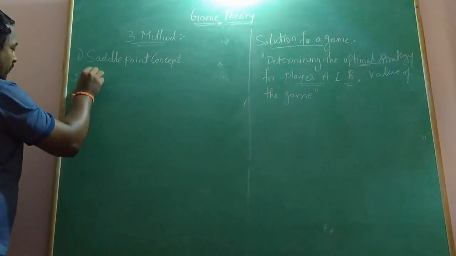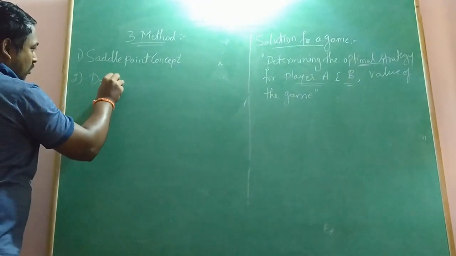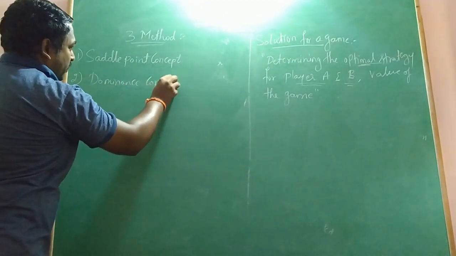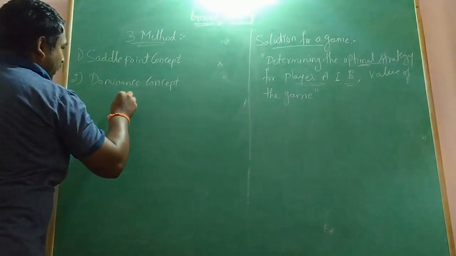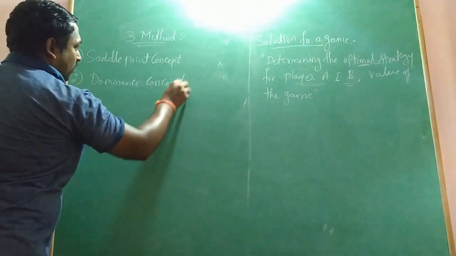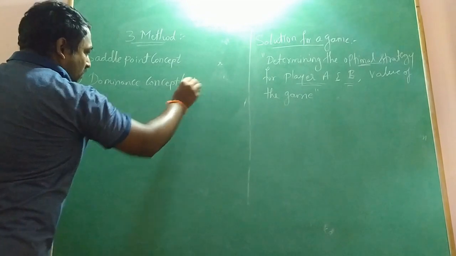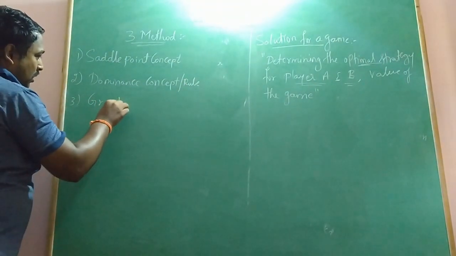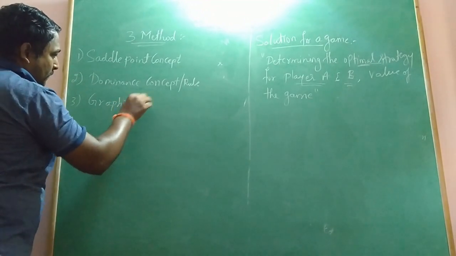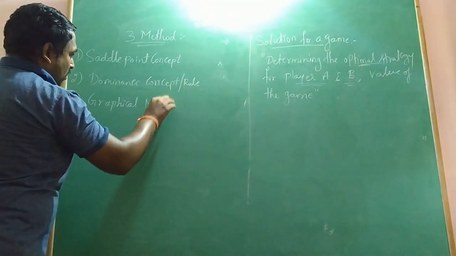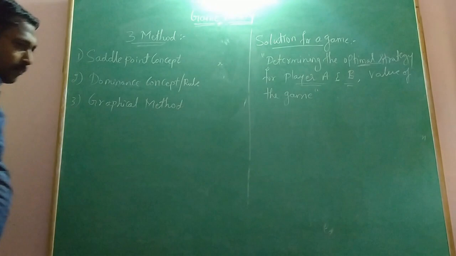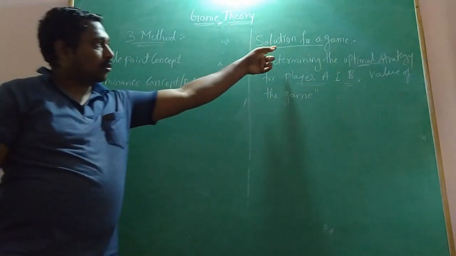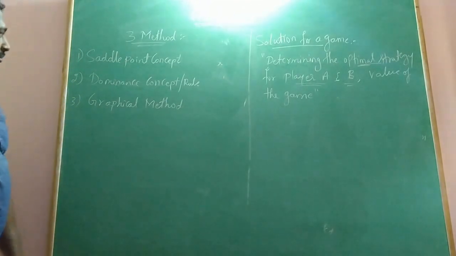The second one, dominance concept, or we call it a dominance rule. The third, graphical method. We have three methods to determine a solution for a given game.